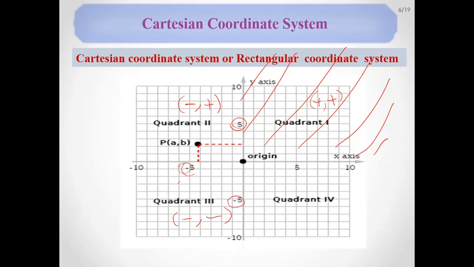In quadrant 4 there will be positive x components and negative y components. That's one important thing. We will use it a lot in trigonometry, in the second term, Math 112.